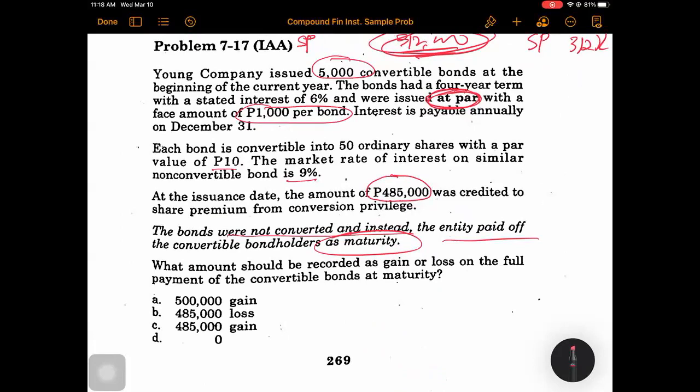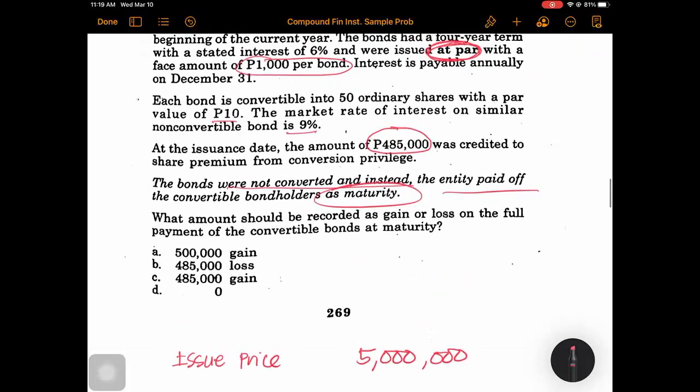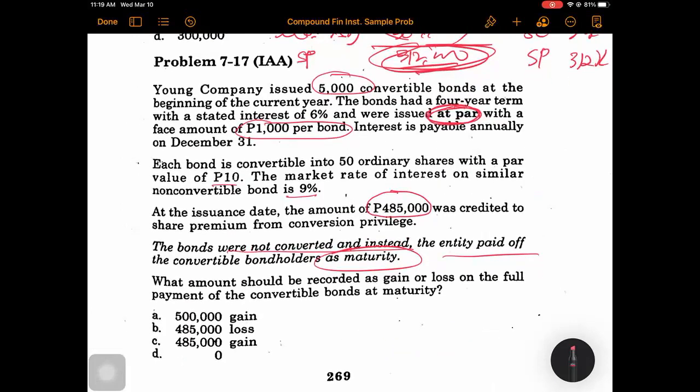So, pila ang atong liability component? Guess lang. 485K, 4515.